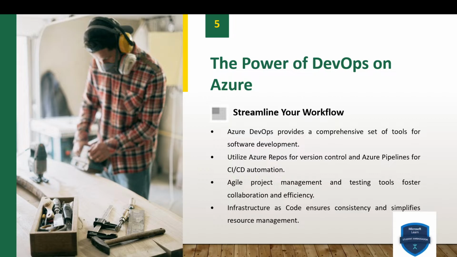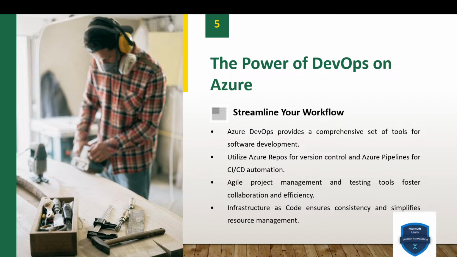Azure DevOps also includes tools for agile project management, enabling you to plan, track, and discuss your work in a collaborative environment. Whether you're managing a small team or a large enterprise project, Azure DevOps scales to meet your needs.